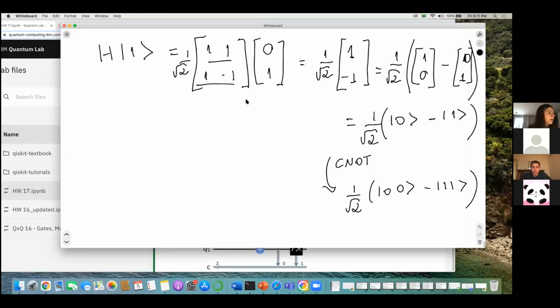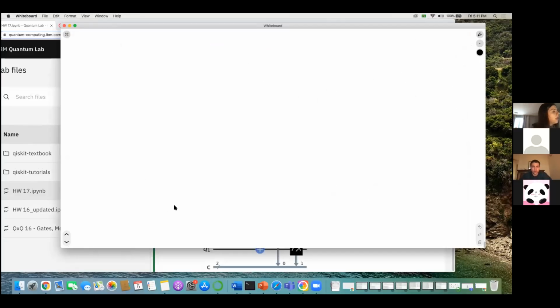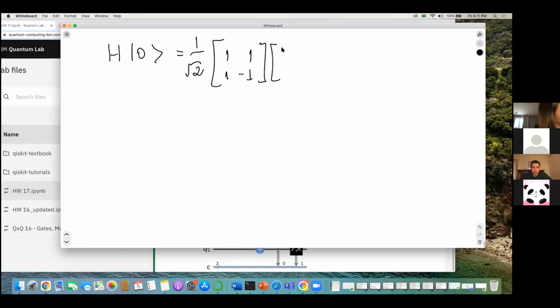I know already when I apply a Hadamard gate that the vector, okay, I'm gonna do it again, it's better. I'm gonna apply a Hadamard gate to the 0 state first because it's easier to understand. And then you guys are gonna have it free of doubt. Just perform the operation again.